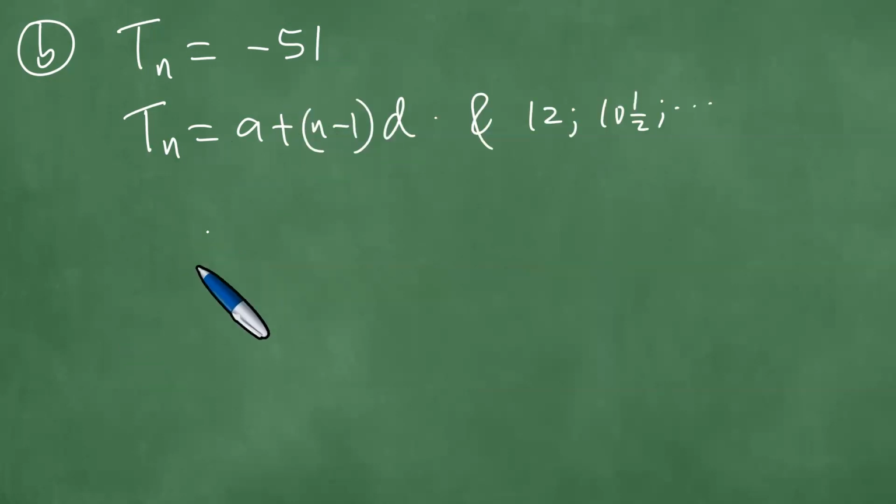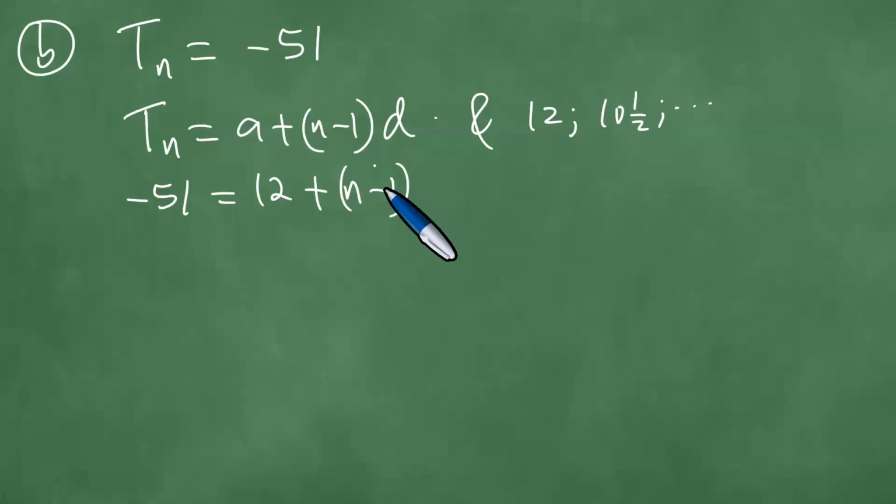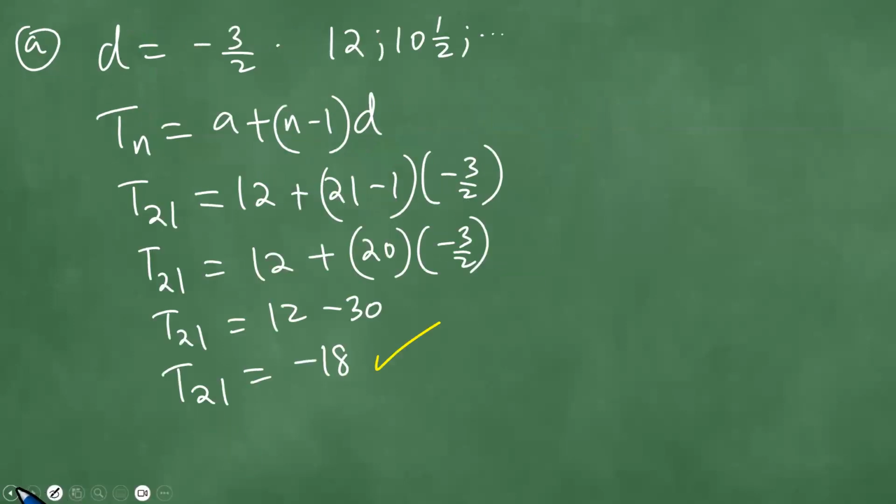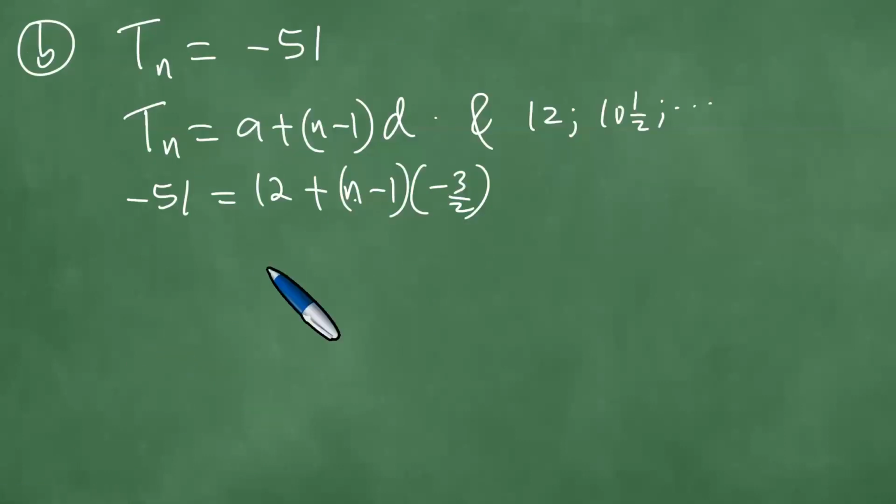That is what they want to know. That term is minus 51. The first term in the sequence is 12. But we don't know n because we don't know which term is minus 51. The common difference we've already seen is minus 3 over 2. Right, we just need to solve for n.